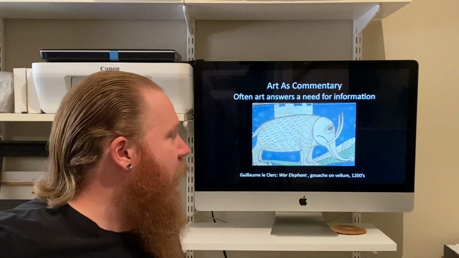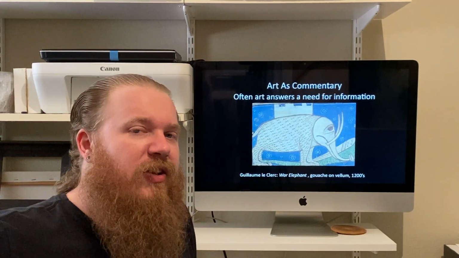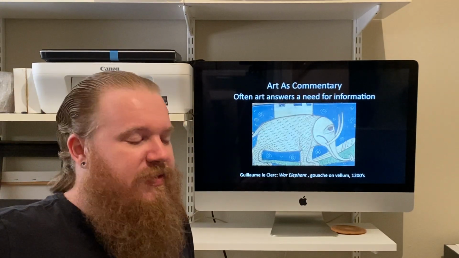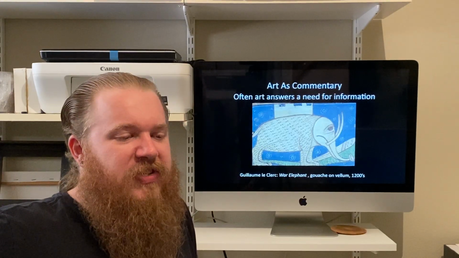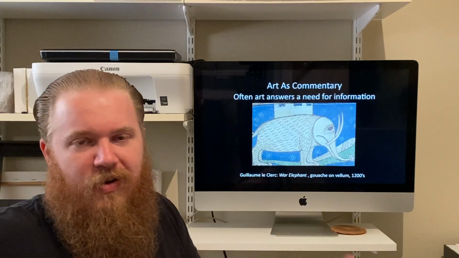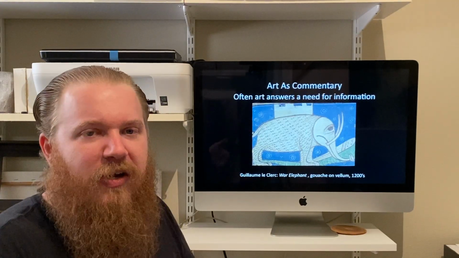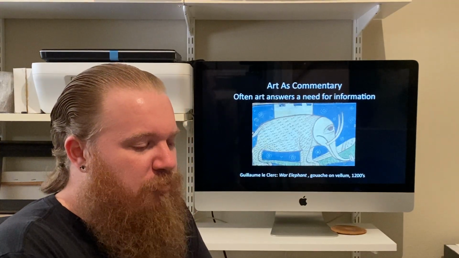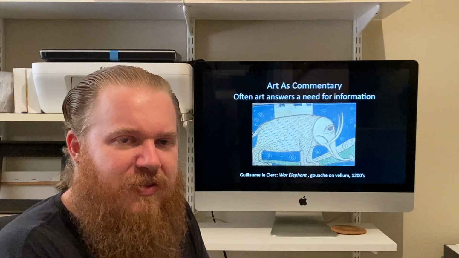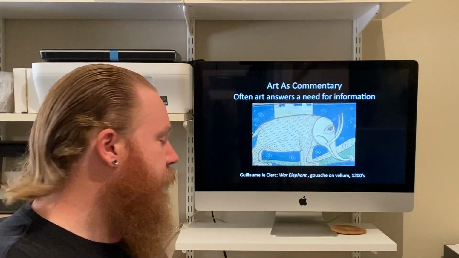But I think it's pretty obvious just looking at this that Guillaume Le Clerc probably never saw an elephant in his life. Instead, he's basing his representation off of hearsay or text or accounts from crusaders coming back to Europe from the Middle East and places like this. So he's really relying on secondhand information to create this. So it's not necessarily all that accurate.